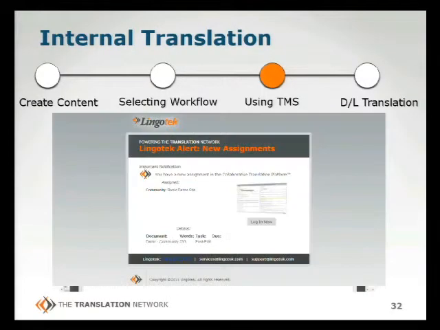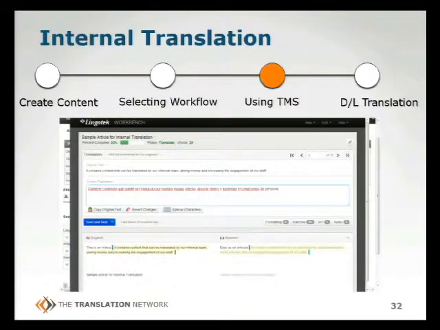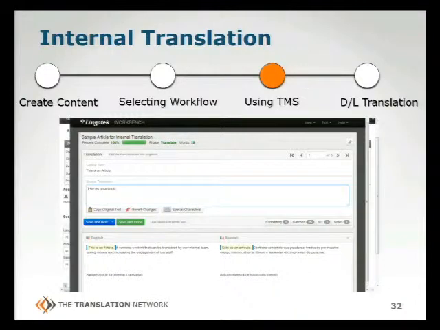But if they sent it out to somebody, it would just basically be an email like this that would go to either a team or an individual that would say, hey, there's stuff for you to translate. And the person could click on the login button, spin up an instance of the SaaS platform, do the translation just like this, save it.